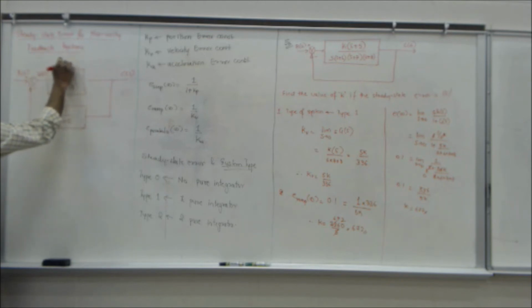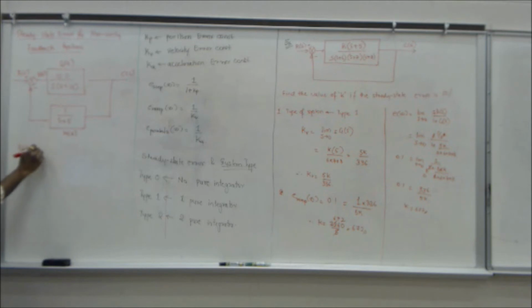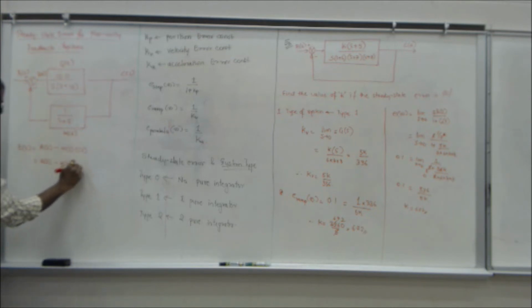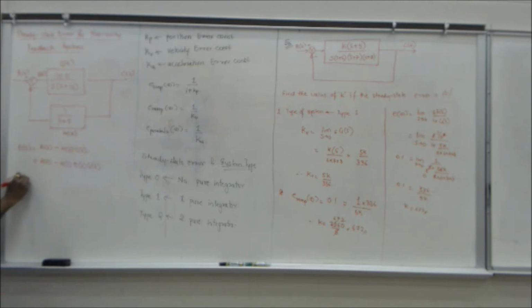You have G of S, and this is H of S. So you can define your error signal as R of S minus H of S into C of S. But what is C of S? C of S is simply E of S into G of S.